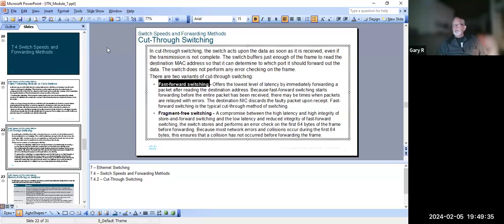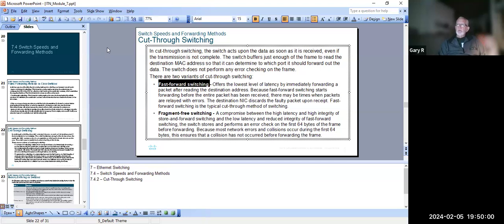We know that the destination MAC address is in the first 48 bits, or that would be 6 bytes, right? So the switch can make a determination as to where a frame is to go next before it's received the entire frame.